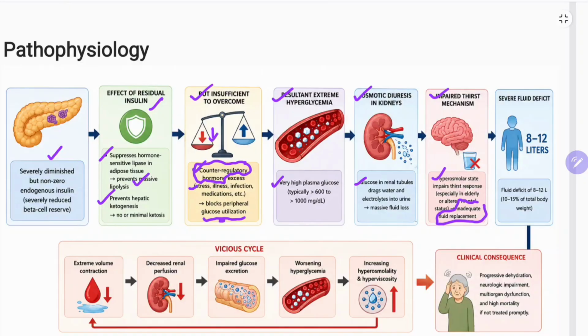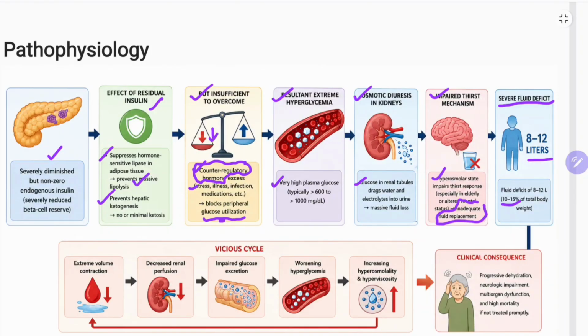So that is also an important point here. That causes severe fluid deficit. Up to 8 to 12 liters of water is lost, which is very high. That accounts for 10 to 15% of total body weight.